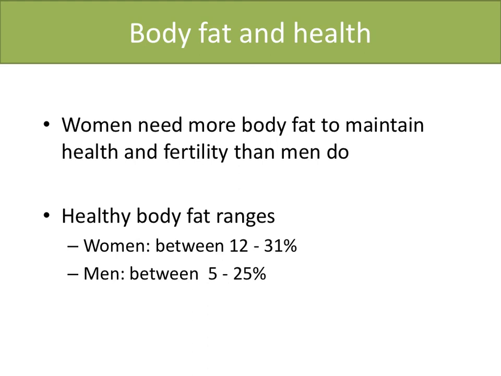You need huge amounts of food and fat stores to be able to raise a kid from being an infant to the point where they're weaned. And before they're weaned, of course, they're drinking milk. Milk is expensive to make. So women generally have between 12 and 31, men 5 and 25.